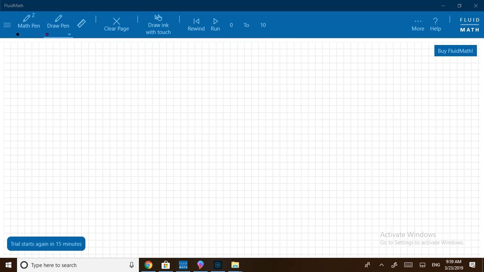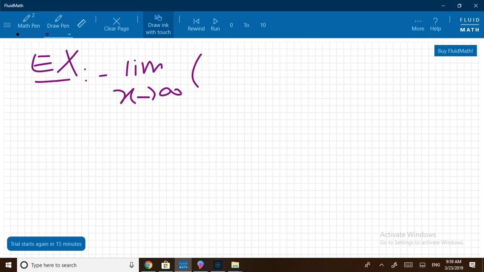Okay, the next exercise is the limit as x approaches infinity of (x plus a divided by x minus a) raised to the power x.